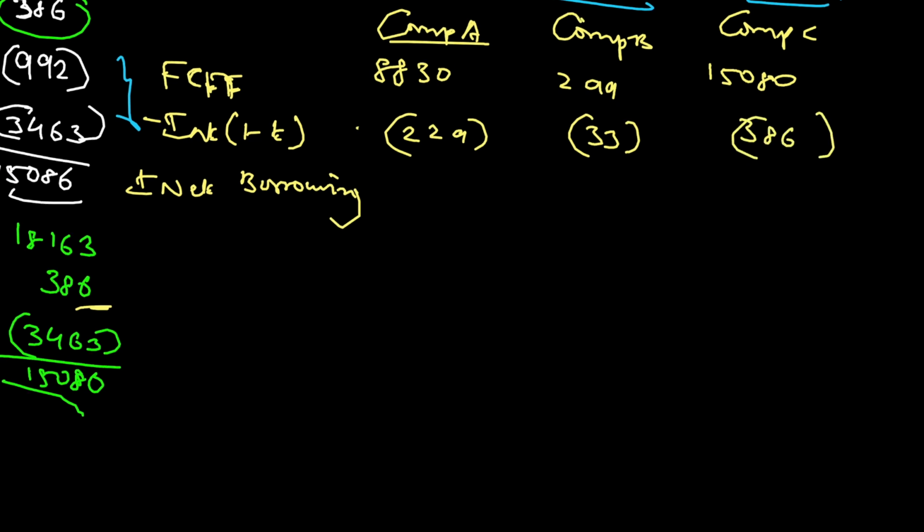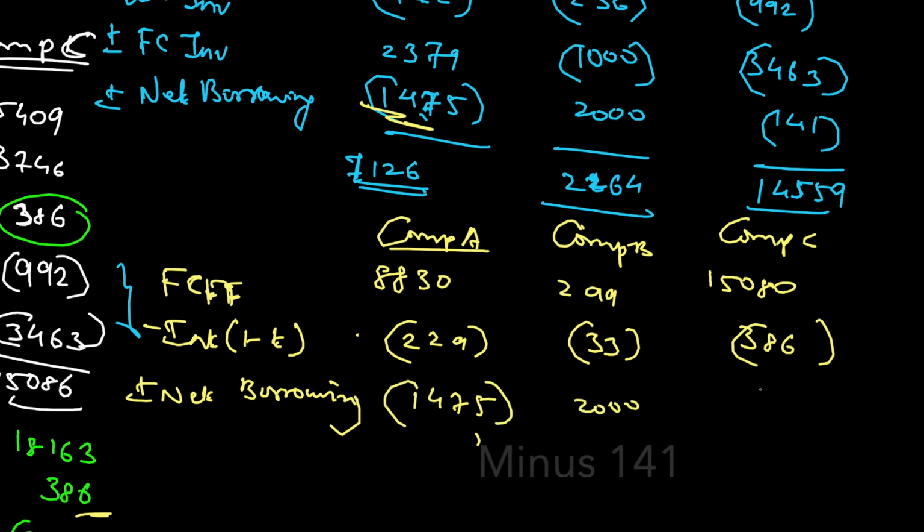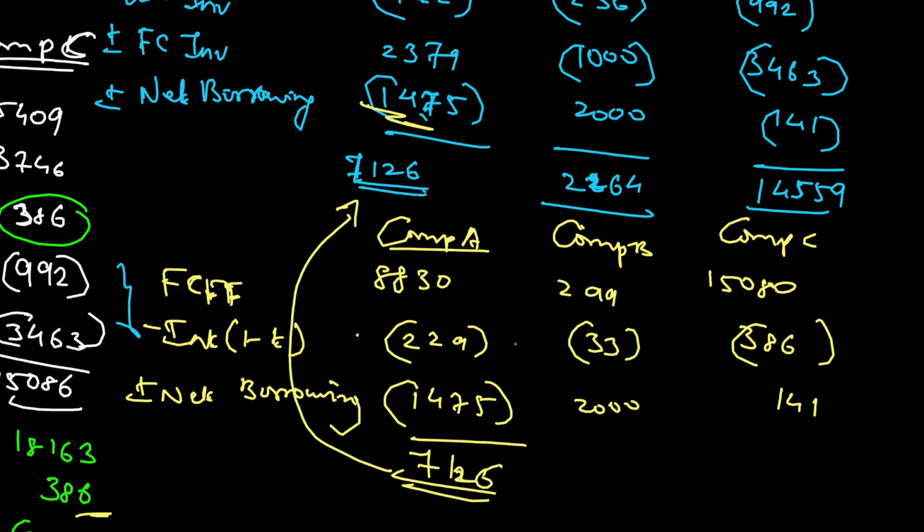Net borrowing I can directly copy from here: 1475, and then 2000 and 141. If I calculate this, 8830 minus 229 minus 1475 gives me 7126, which will match with this number.